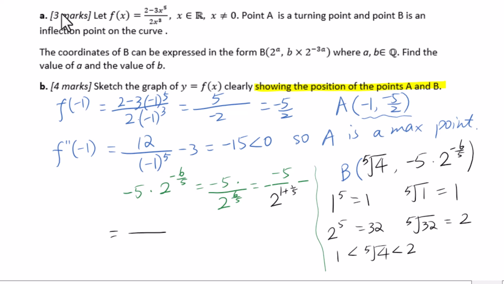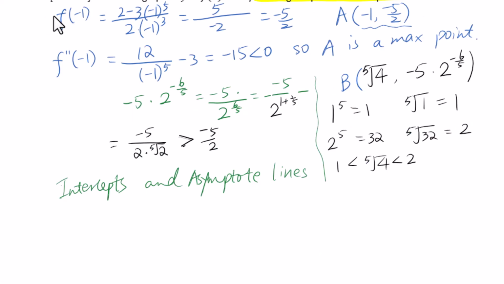So we have negative 5 over 2 times the fifth root of 2. It will be greater than negative 5 over 2, because it's a negative number. For a rational function, you need to figure out intercepts and asymptote lines before you sketch the graph.